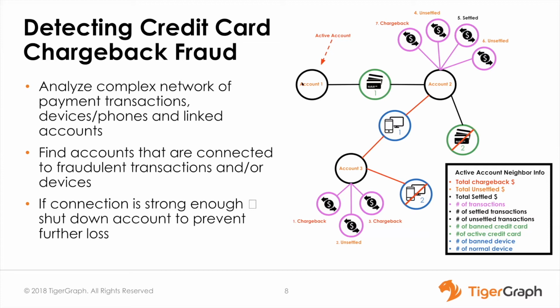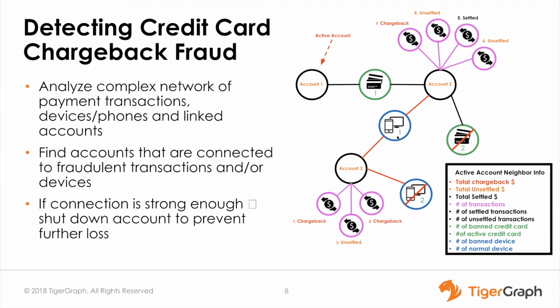So now we can tell that most likely account one is the same fraudster that created account two and account three, now creating a new account because it's tied back to this credit card, which is tied to those fraudulent accounts before. And we can now say, we're not going to let you create this account. This is most likely a fraudulent account, and we know that now.